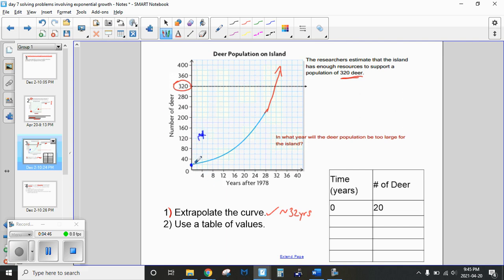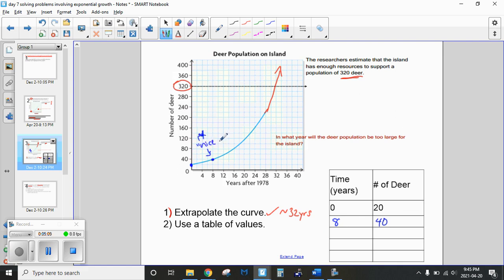So I'm going to keep going, and over at 8 years is the first time the curve hits a nice point again. So 8 years later, the population is 40 deer. So I'm going to keep tracing along, looking for another one of those nice points.